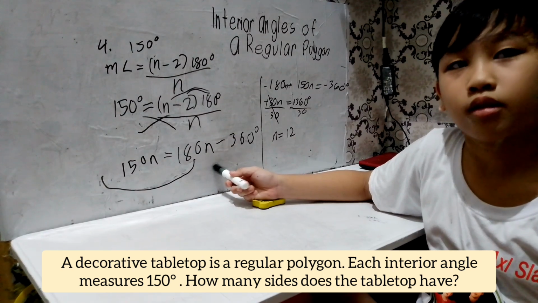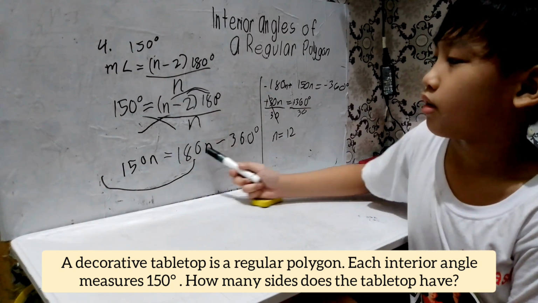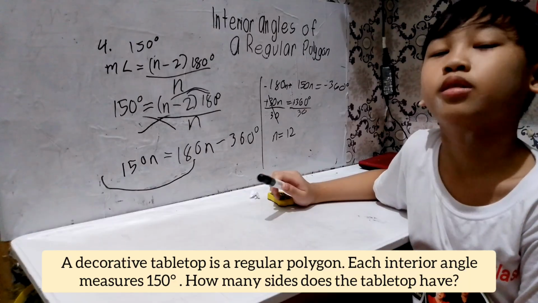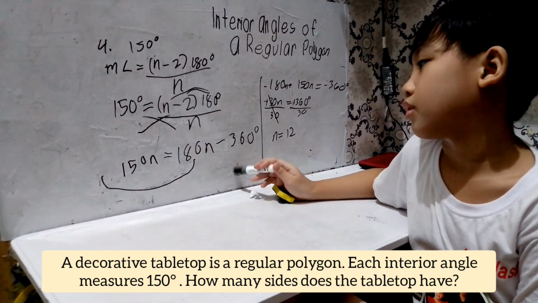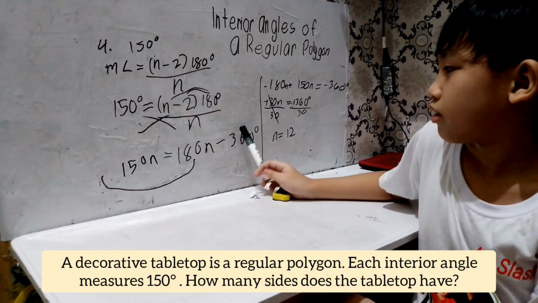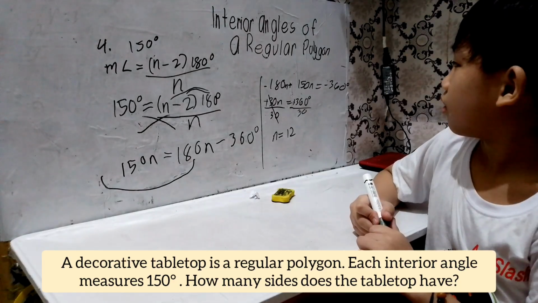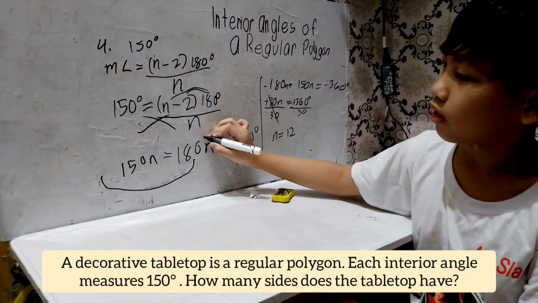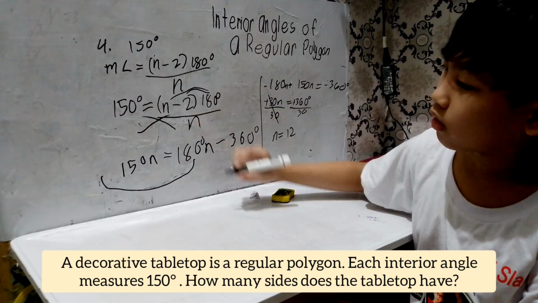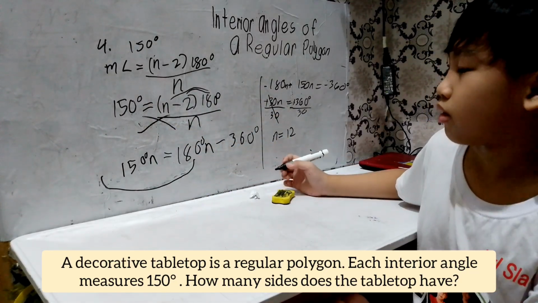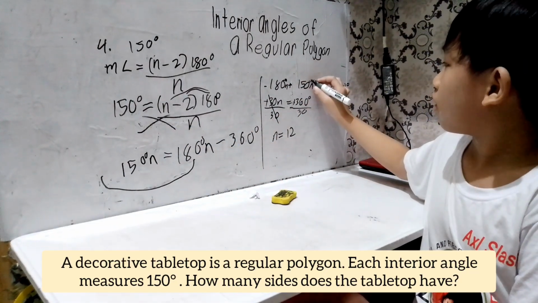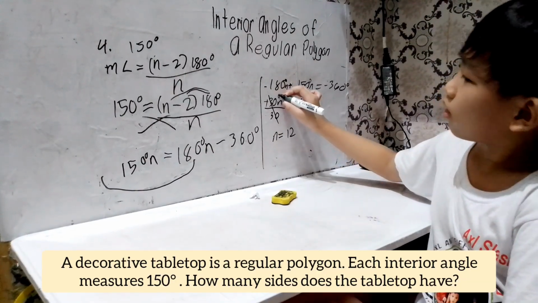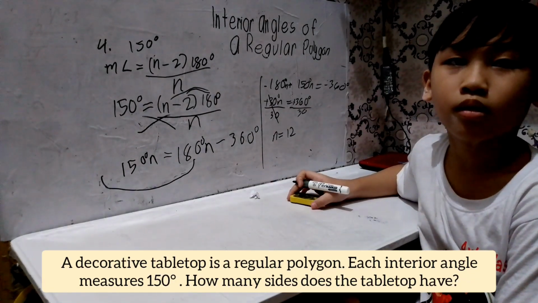Distribute 180 degrees to the parenthesis, n minus 2. So you got 180 degrees times n minus 360 degrees. Do not forget the degree sign on 150 and 180. So your new equation now is 150 degrees n equals 180 degrees n minus 360 degrees.